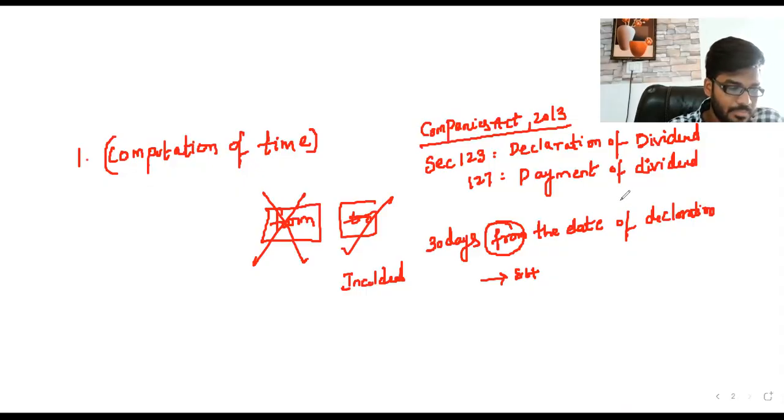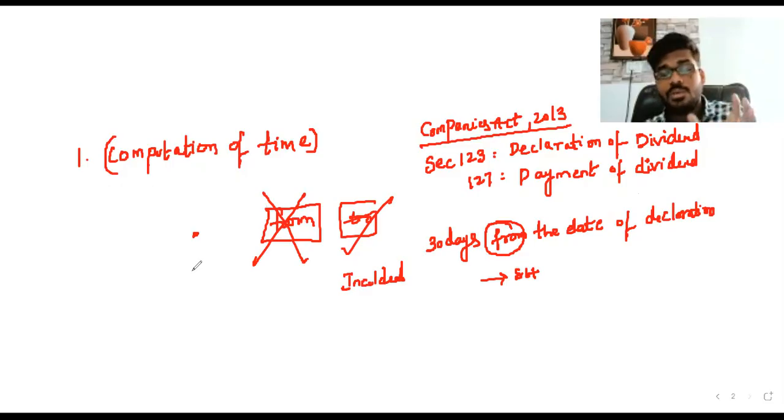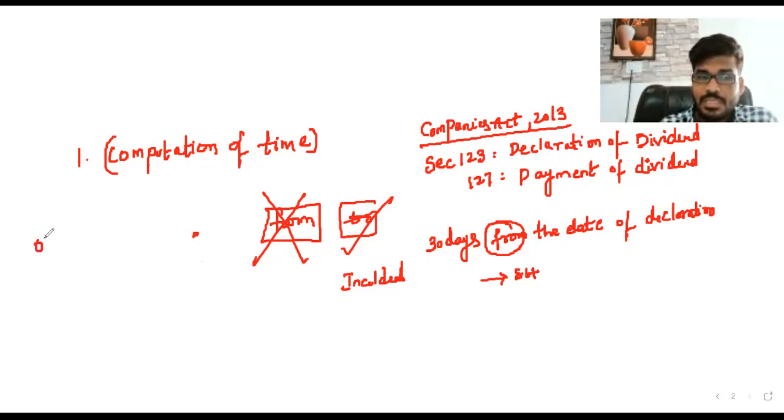Clear? Whenever it is commencement and termination of time, commencement of time, computation of time, this is one scenario. Whenever in any situation the words are used, you should calculate 10 days from to, or within 30 days from to, or within 15 days. So already we know about a one-person company under the Companies Act 2013, section 2 clause 62 and rule 3.